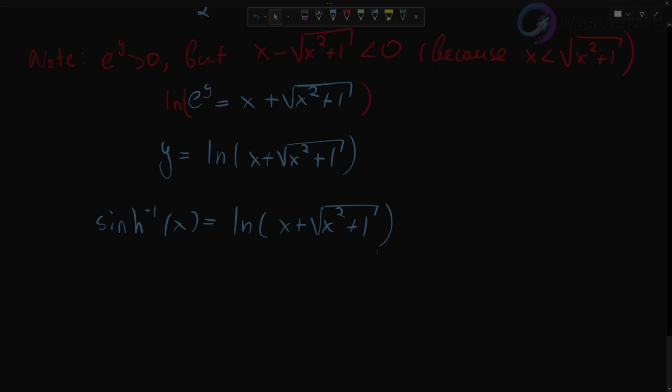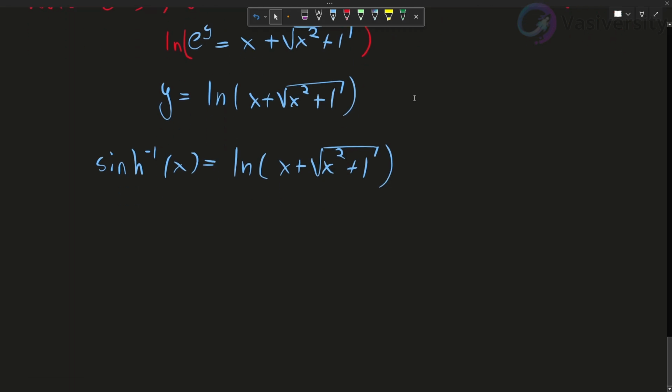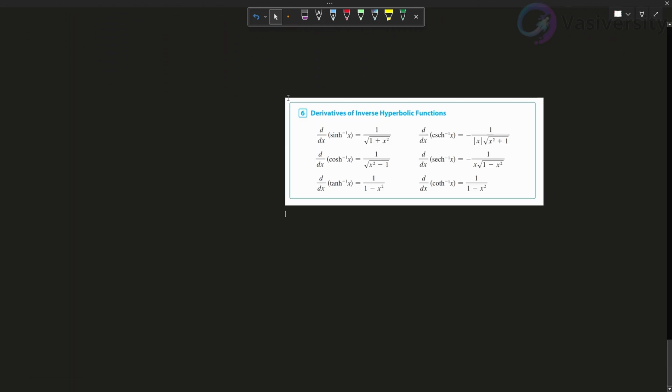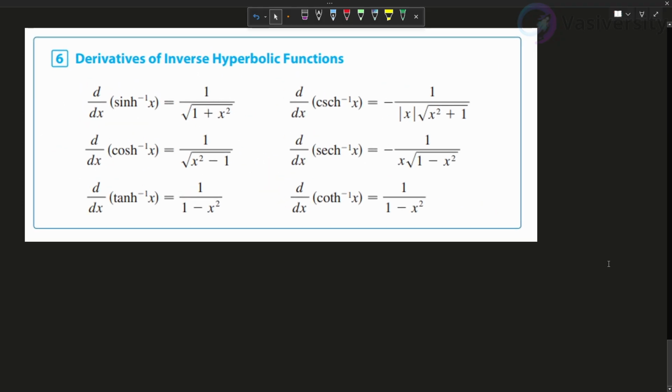So let's go ahead and look at the derivatives of inverse hyperbolic functions, similar to what we would have for the inverse of the trigonometric functions, with a slight difference, of course.